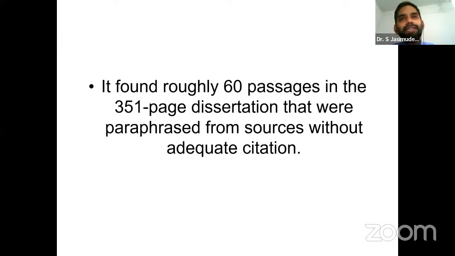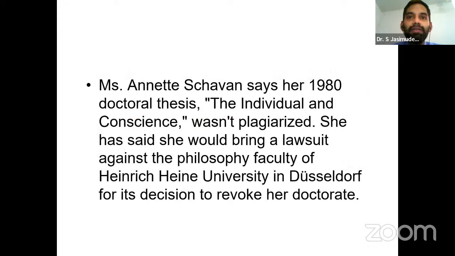And this was the allegation. The university started an investigation and found that the allegation was right. Her PhD was revoked, her PhD title was taken away. She resigned from the position of education minister of Germany in 2013.